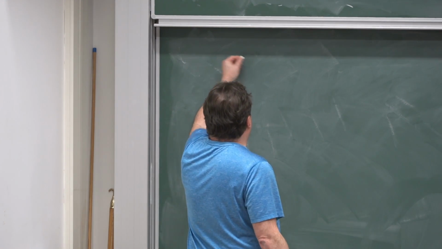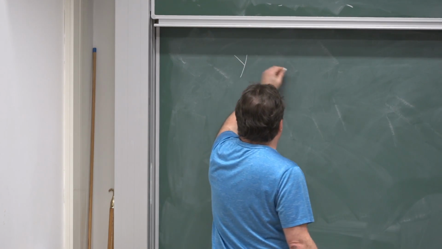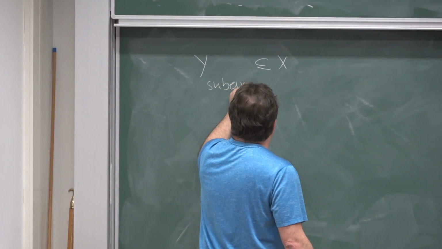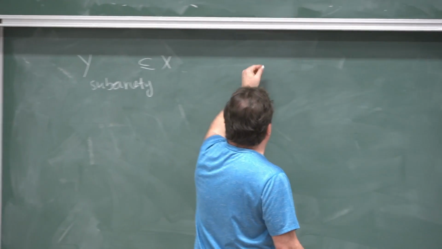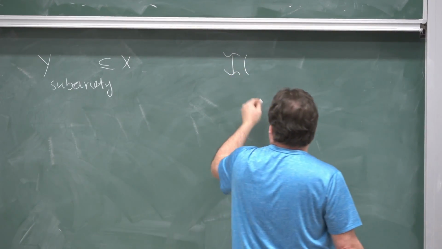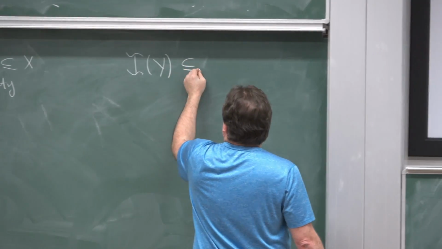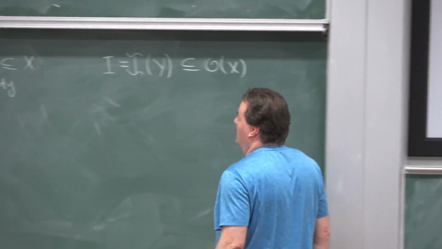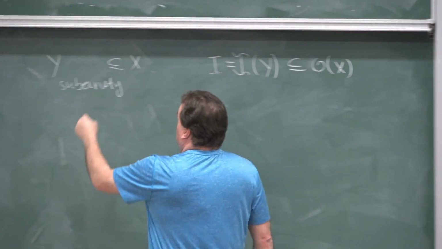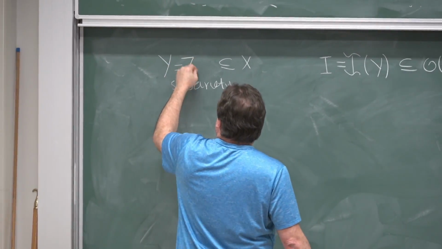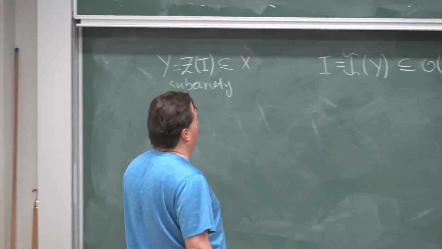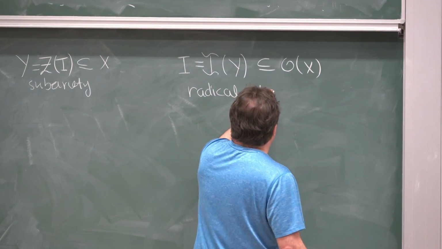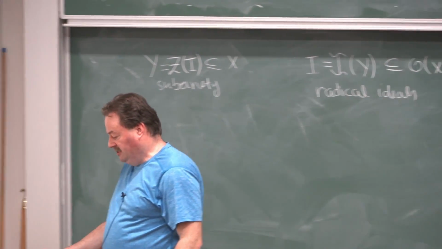So if we fix X, then on the one hand, we may have a subvariety Y, which corresponds to a vanishing ideal, which I denote by I of Y. So let's call this capital I. And then this Y is the zero set of I, so I'm going to write Z of I. So on this side, we have radical ideals. Okay, so this is the basic setup.